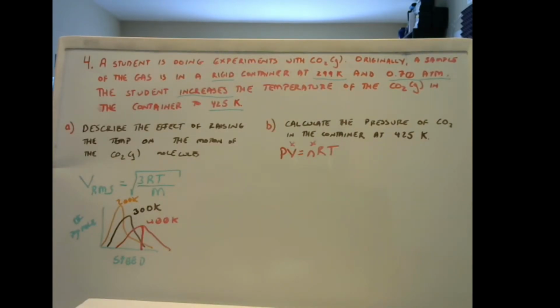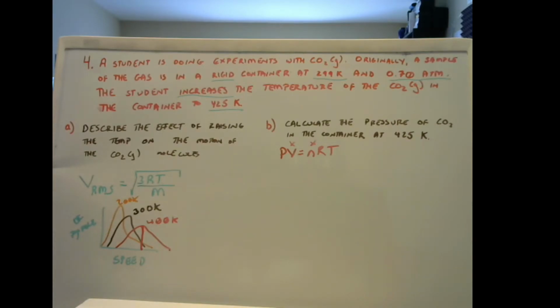But we're talking about a change in temperature, and we're looking at the change in pressure. So what we're looking at is one of the other laws, Charles's, Boyle's, Gay-Lussac's. Take your pick. And if you remember, I told you you don't have to memorize those. They all come from the ideal gas law.